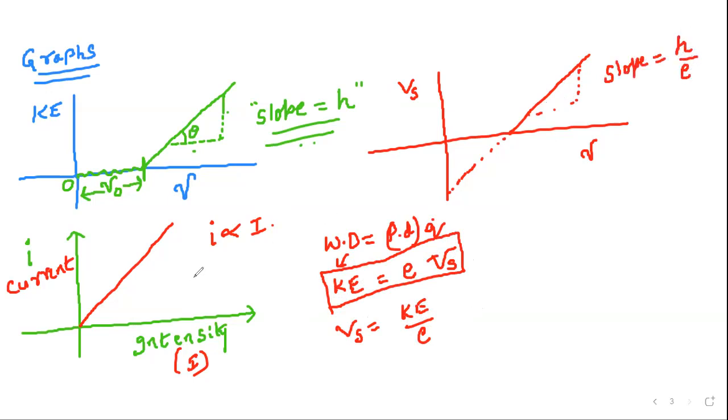For that, you have to divide by e. So the slope is given by h by e if you express the stopping potential versus the frequency. So these are the basic graphs.